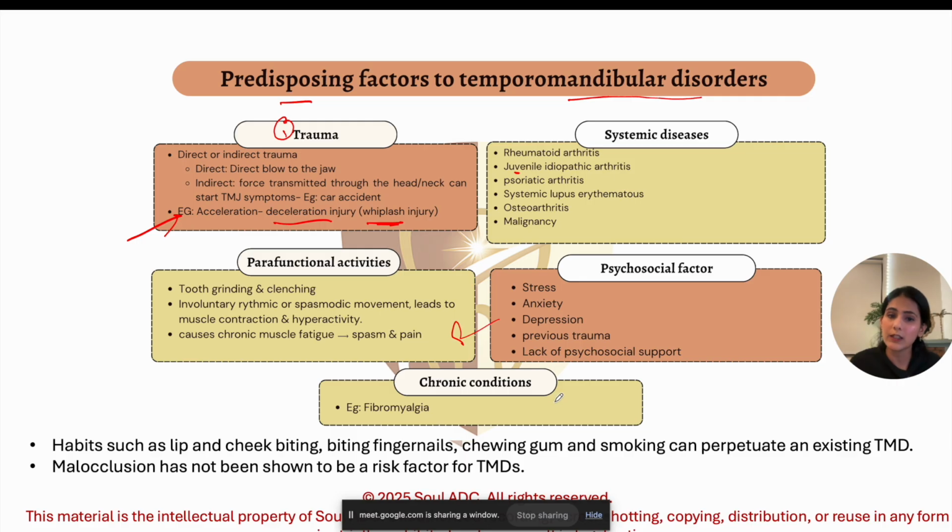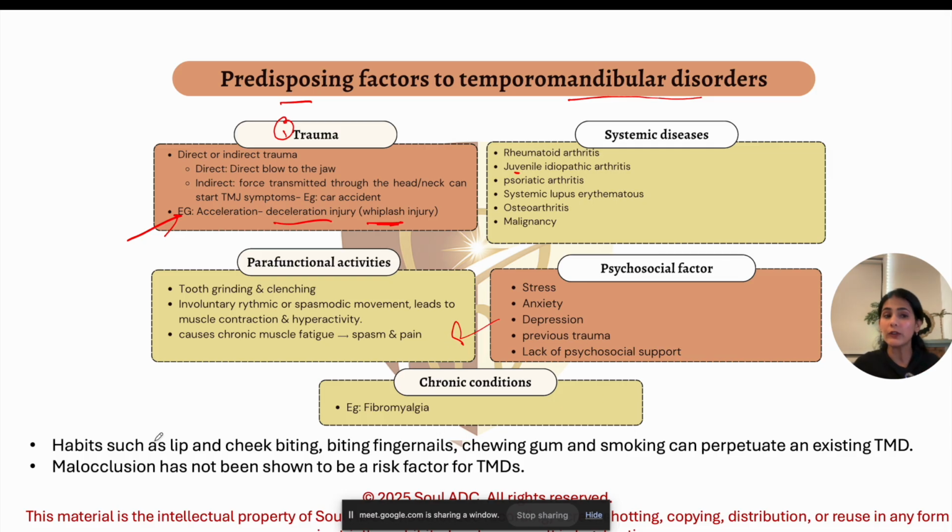Another condition is a chronic condition where the patient has a lot of pain in the body. That's because of the muscles, so the fibers of the muscles are causing this problem. That is your fibromyalgia. So these are all the predisposing factors that can lead to your temporomandibular disorders.